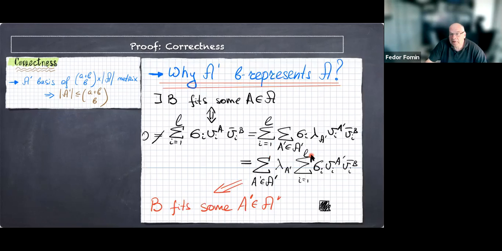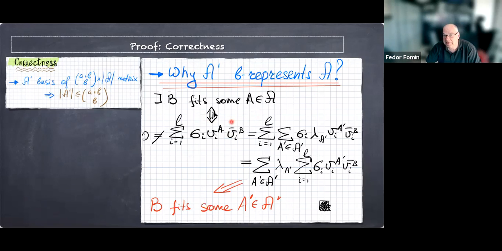Okay, so then the most interesting question: why does A prime represent the whole family A? Well, let's just go by definition. What does it mean that A prime represents A? It means that for every B which fits some set A, there should be some set A prime from the representative set which fits B. What does it mean that B fits some A?